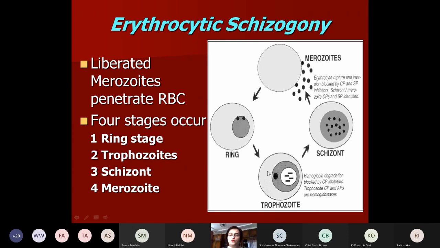Then the trophozoite, big, of spherical shape inside the red blood cell, and then the already formed schizont with a lot of merozoites inside. It can be from 12 to 24 merozoites inside this schizont in red blood cells, and then again rupture, and again such merozoites can infect red blood cells.